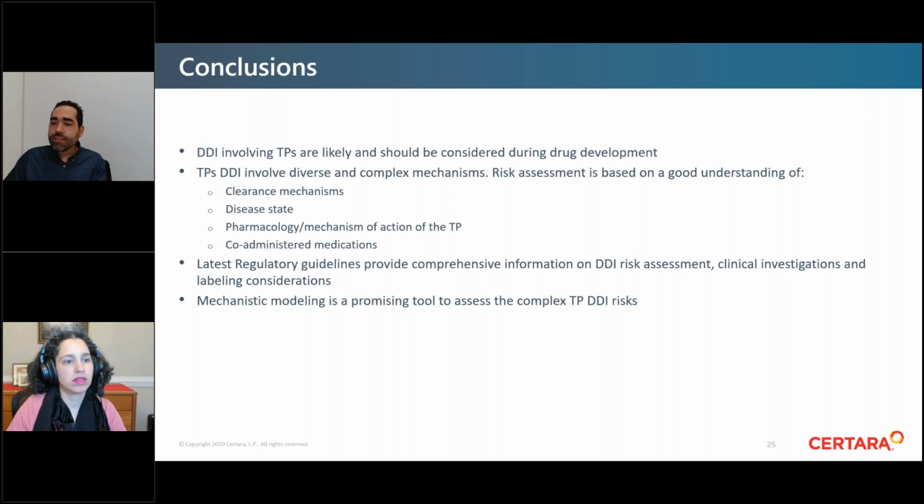Can you touch upon doing CYP induction assays for therapeutic proteins? If I understand, the question is about the in vitro assessment of CYP induction. In this case, as I presented for the in vitro models, the hepatocyte, some attempts were made. Unfortunately, these models cannot be really reliable.